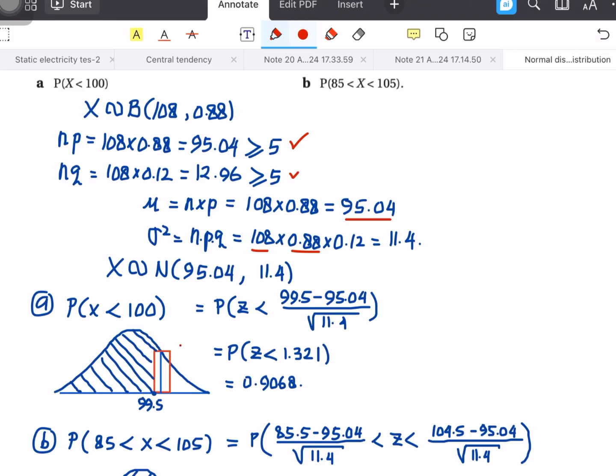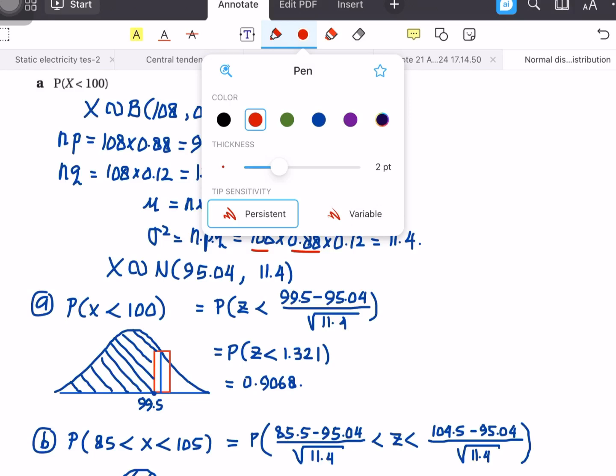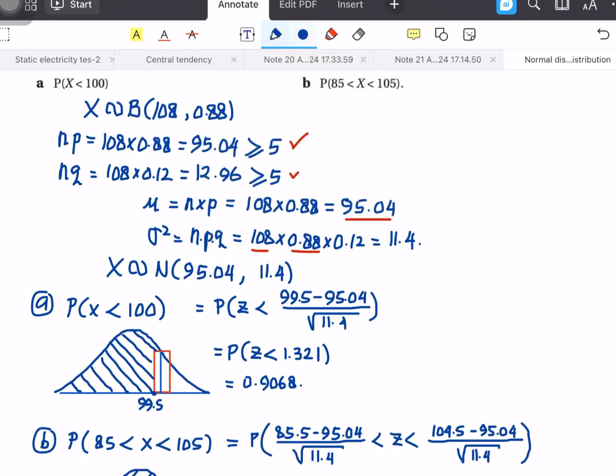So we do not shade the rectangle. So we apply the correction, which is plus or minus 0.5. In this case, instead of using 100 after being corrected, we are using 99.5.